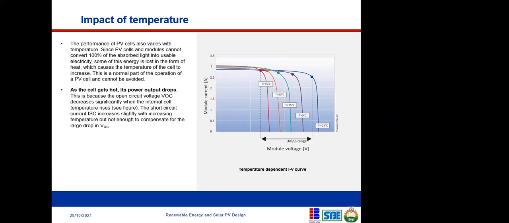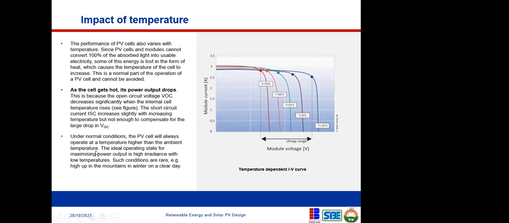Any of these two can affect the output of your solar PV module. We can see how significant the performance of this PV module has changed from minus 25 degrees centigrade to plus 75 degrees centigrade. It is significant. So with the increase in temperature, the voltage drops, and when the voltage drops, the power output drops.